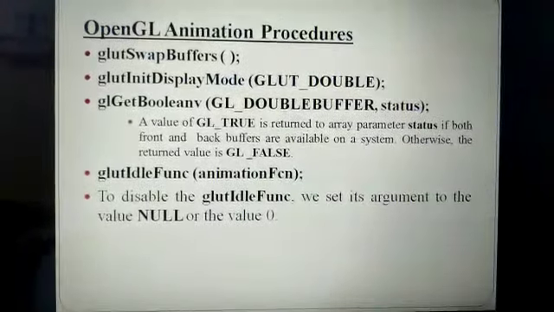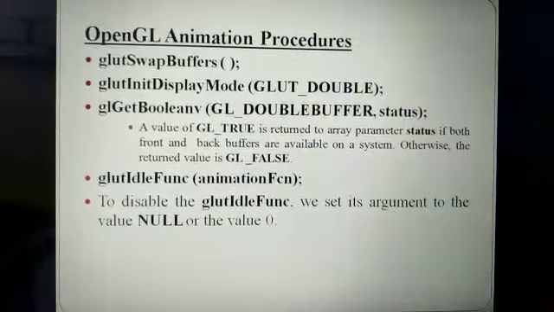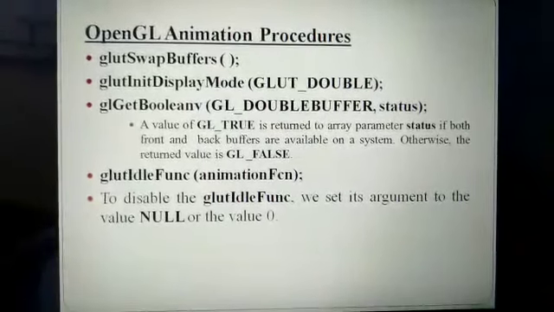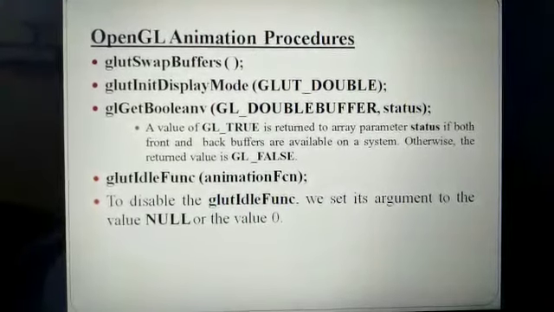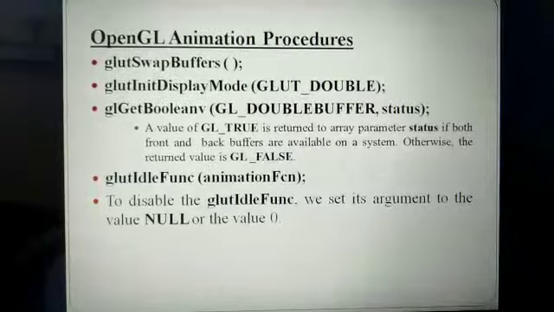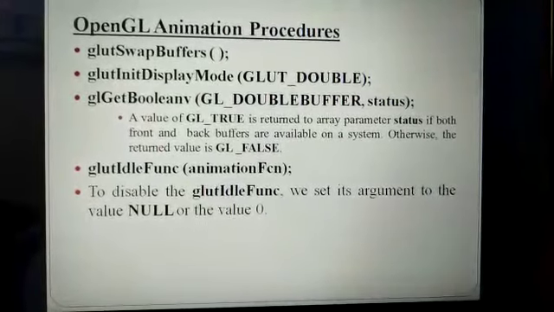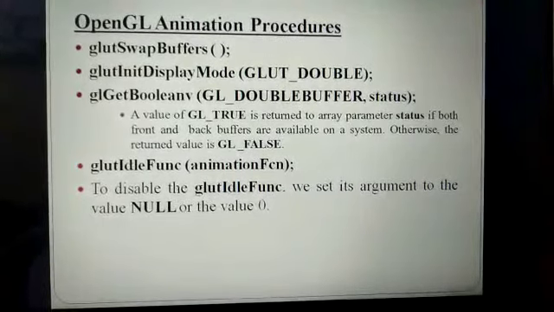Moving on to some of the OpenGL animation procedures, we have glutInitDisplayMode, where we are initializing GLUT_DOUBLE, which provides the two buffers called the front buffer and the back buffer, which we can use alternately to refresh the screen displays. We can specify when the roles of the two buffers are to be interchanged using glutSwapBuffers.